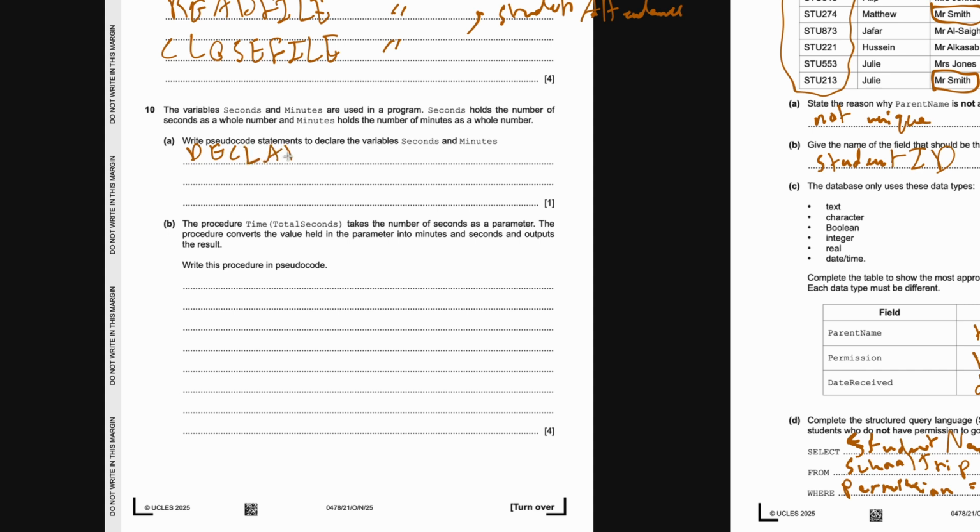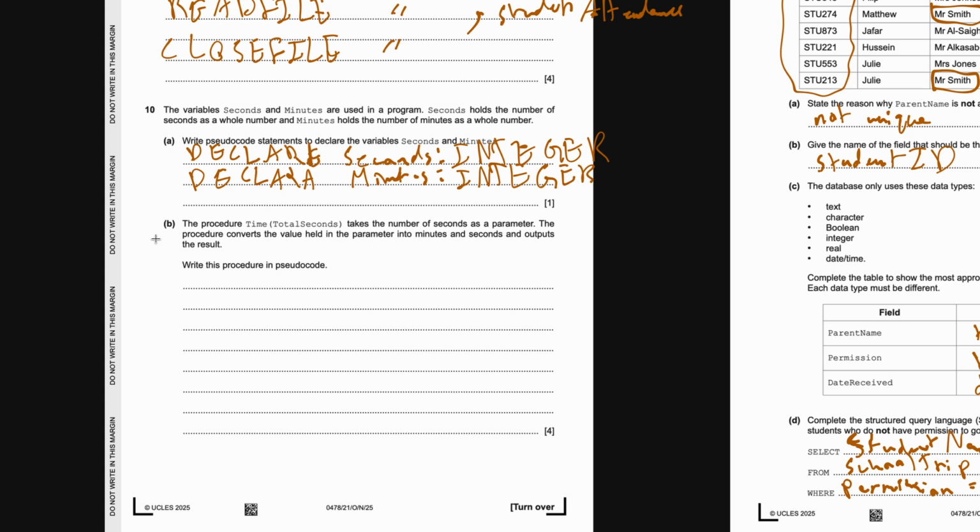Declare, and then the name of the variable, which is seconds, and then the type, right, the data type integer. And we're gonna do exactly the same thing for minutes, right? Minutes and then integer, and do not forget the colons.